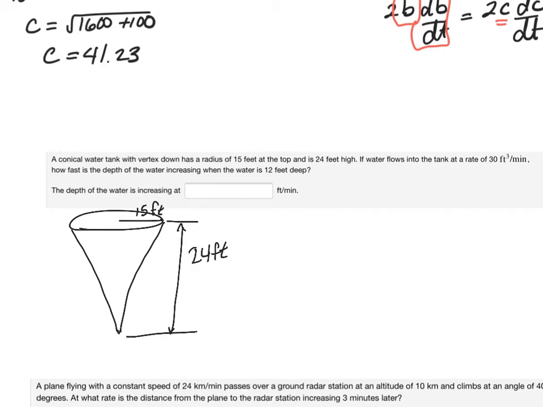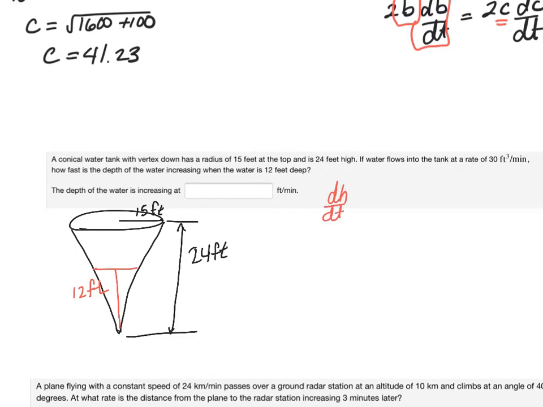We want to know, if the water flows in at 30 feet cubed per minute, how fast is the depth of the water increasing when it is 12 feet high. What they want then is dH/dt.